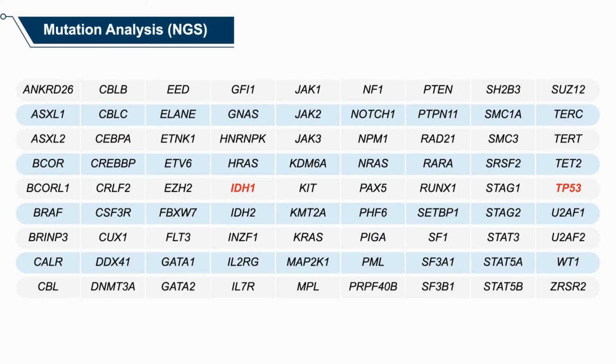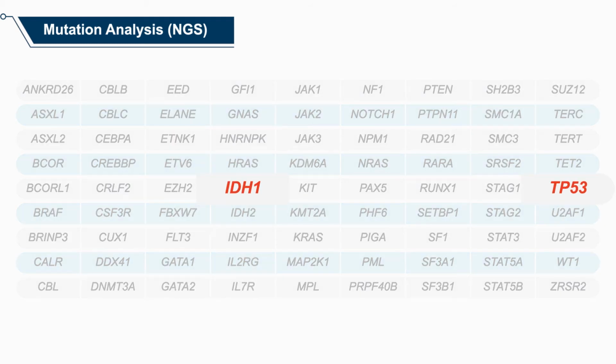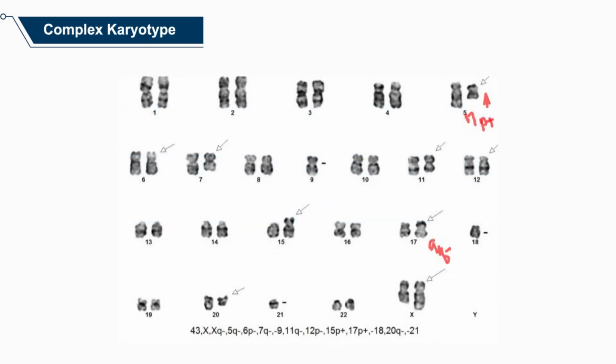So we talked about the genetic makeup of acute myeloid leukemia and the frequency of various mutations in the setting of AML-MRC. So we did next-generation sequencing on this patient's bone marrow that showed the presence of IDH1 as well as a TP53 mutation. And the cytogenetic workup showed a complex karyotype.